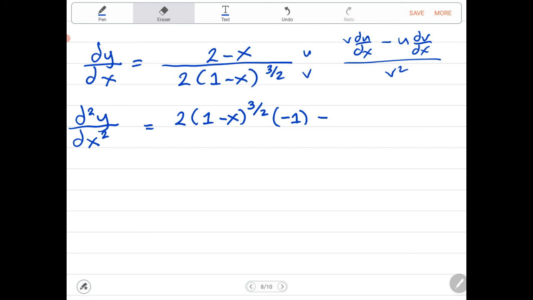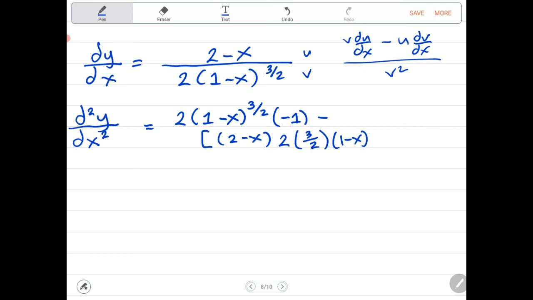Okay, so minus u, the numerator, 2 minus x, times the derivative of the denominator. So 2 times 3 over 2, bring down the exponent, copy the equation, subtract it by 1.